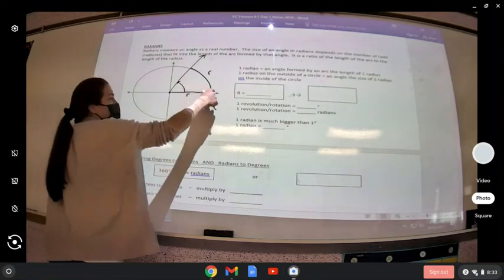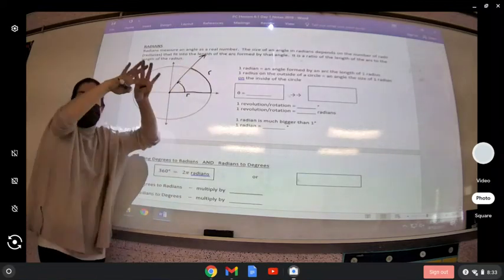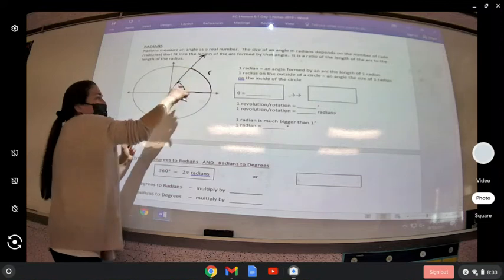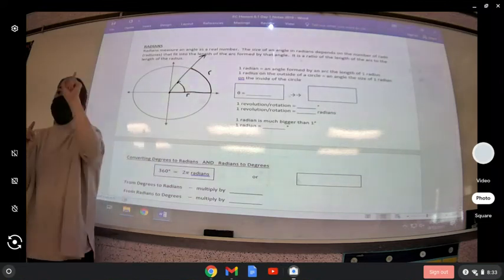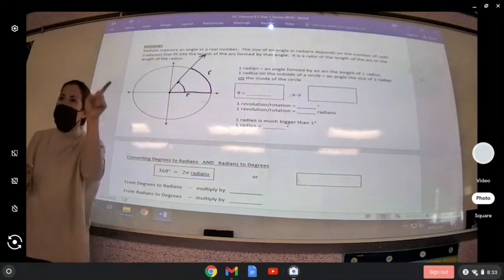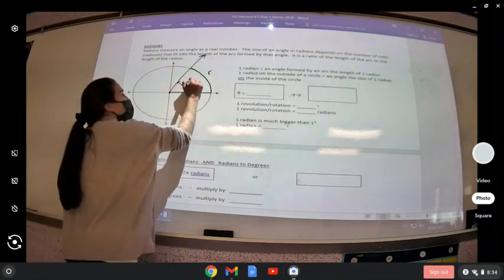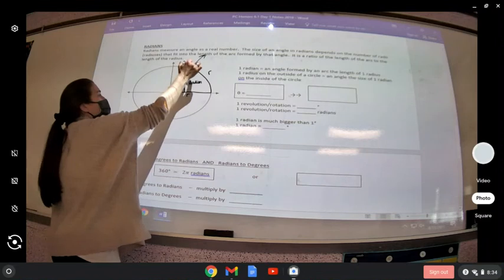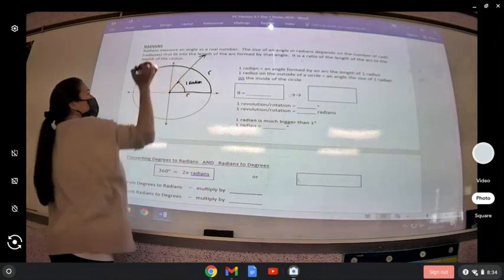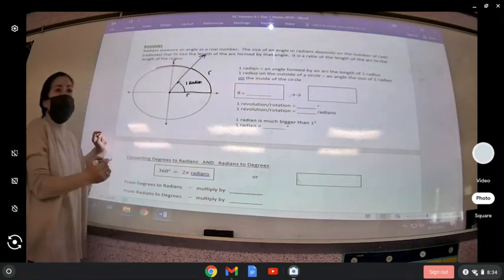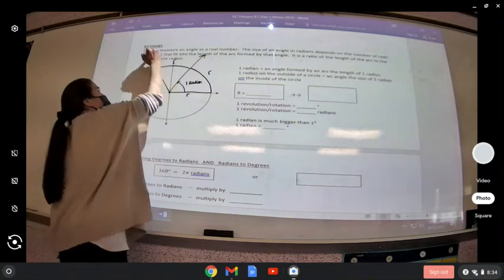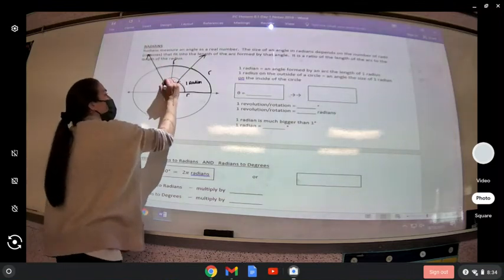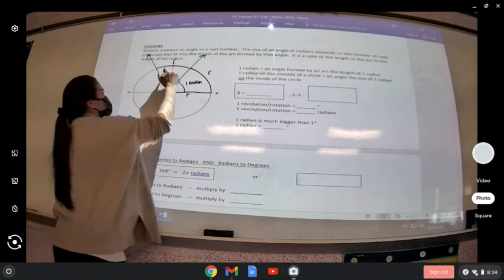So for every radius that fits on the outside of that circle, there is an angle formed the size of 1 radian on the inside. So go ahead, walk another distance of that radius on the outside of that circle, and another angle the size of 1 radian is formed.